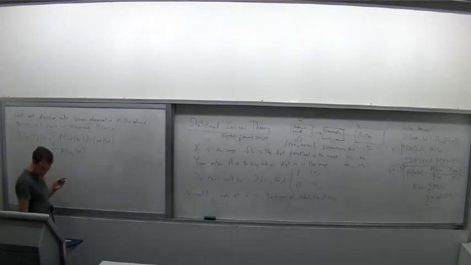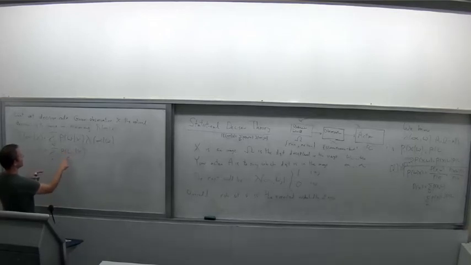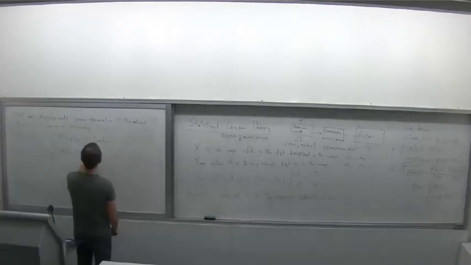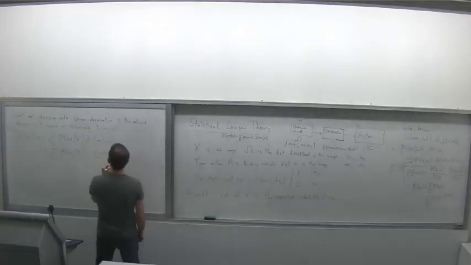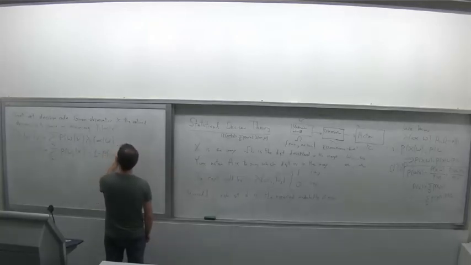There's a nicer way of writing this. This is the sum of the probability of omega given X for all values except i. If I summed over all j's, what would happen? I'd get 1. So this is the same as saying 1 minus P of omega i given X.